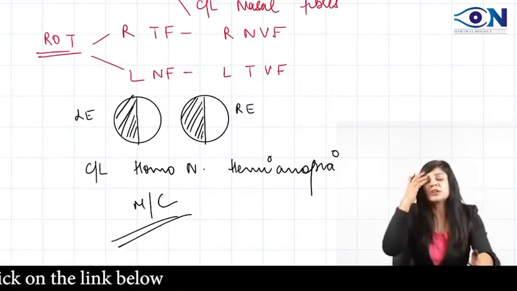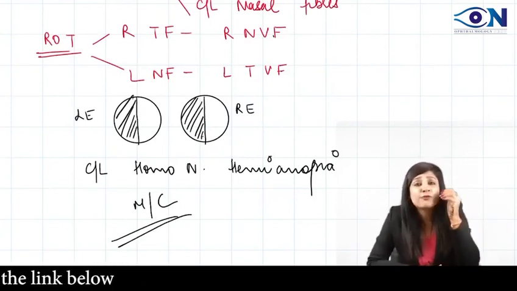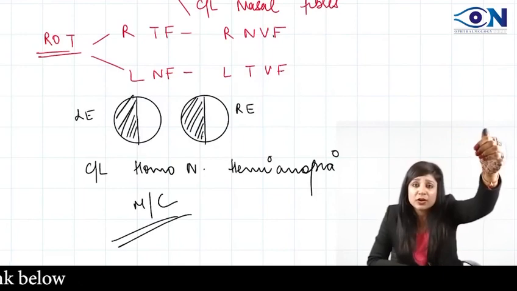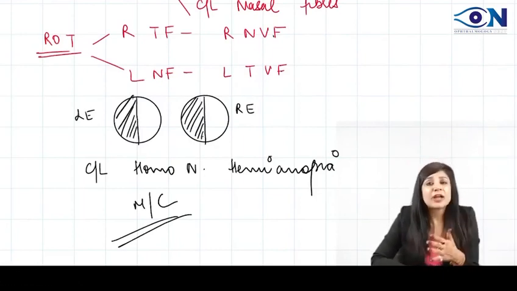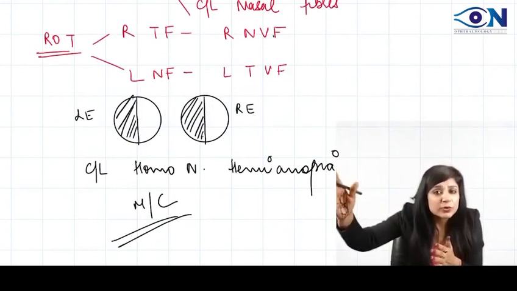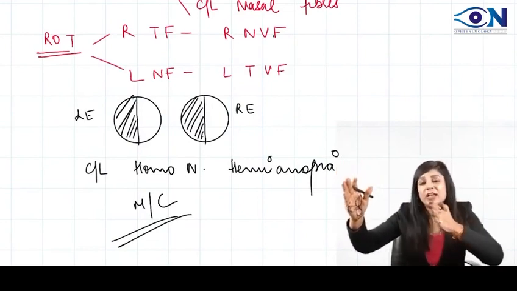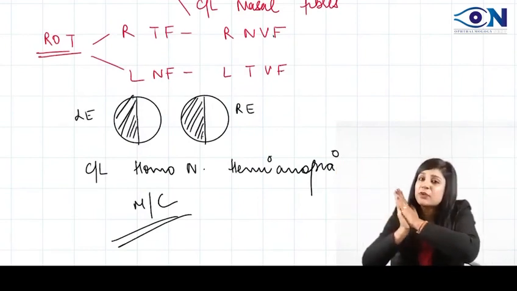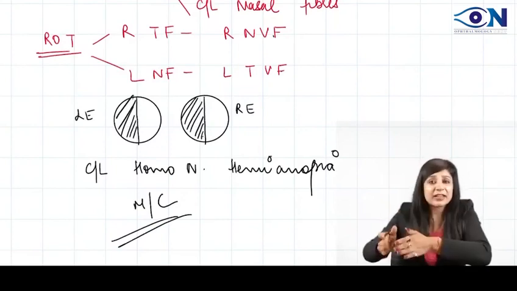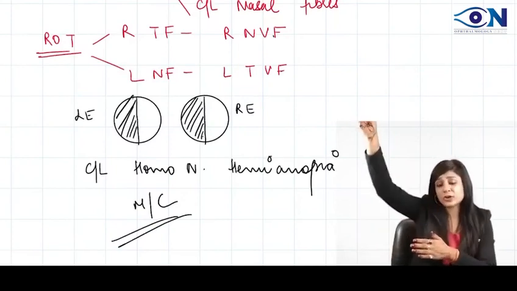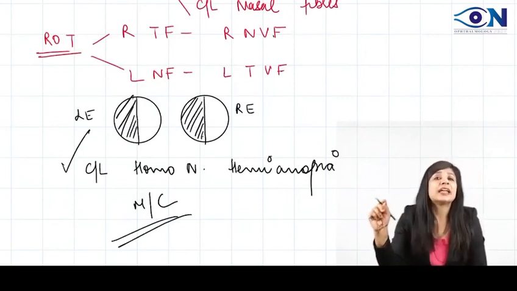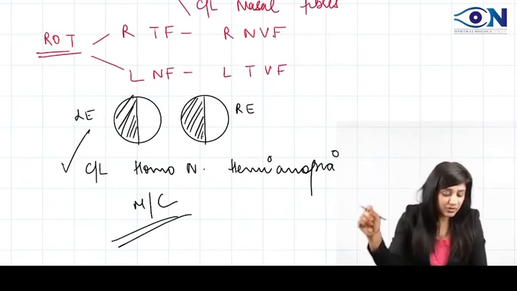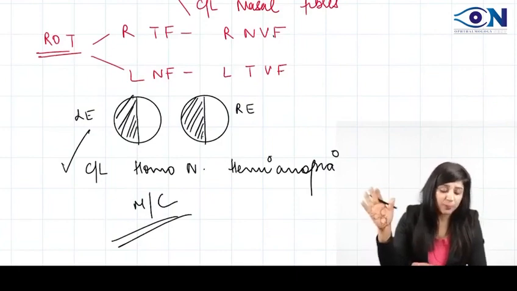This is the most important point, because from here up to the visual cortex the configuration of the fibers will remain the same. That means temporal fibers will remain on the same side only and the nasal fibers will come from the contralateral side, that means from the opposite side, and they will remain so from here up to the visual cortex. So from here to the visual cortex you are going to get the same, that is contralateral homonymous hemianopia.